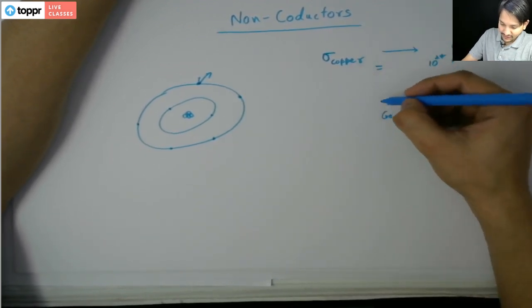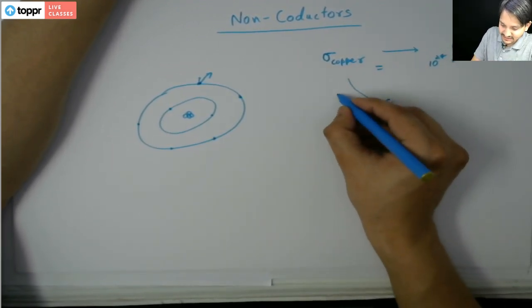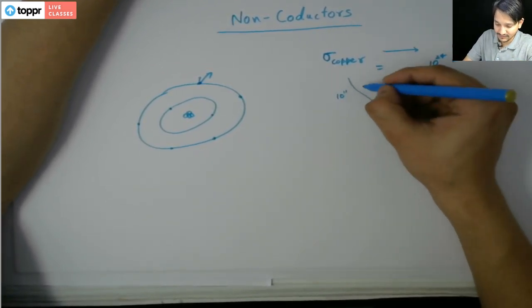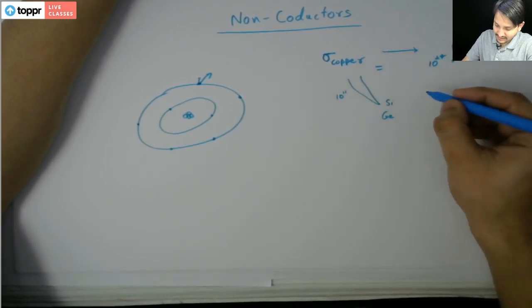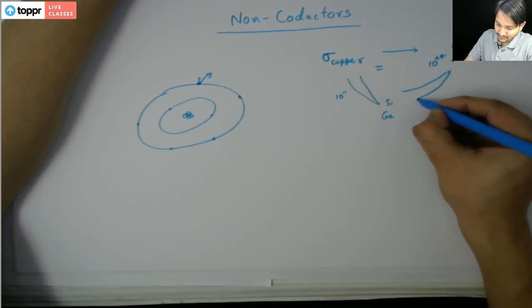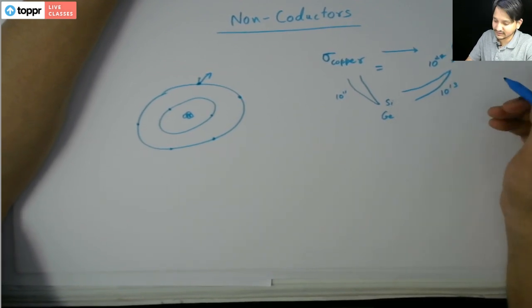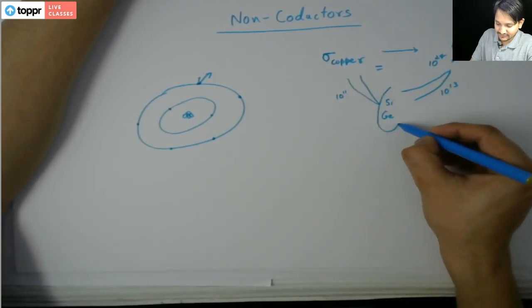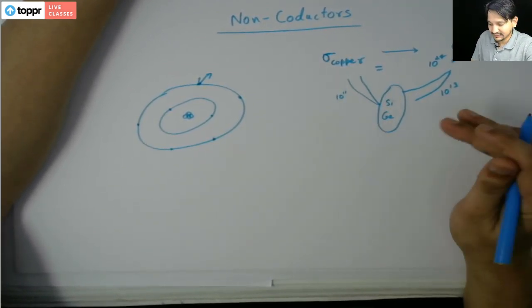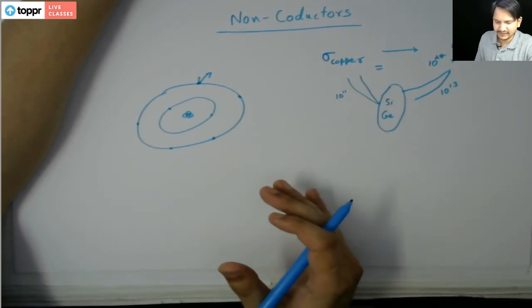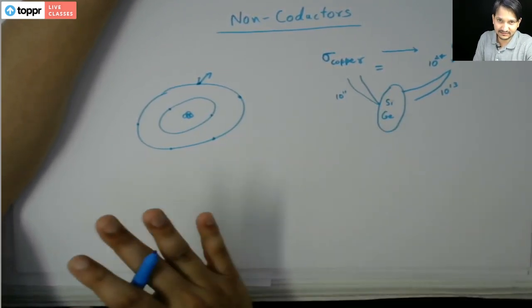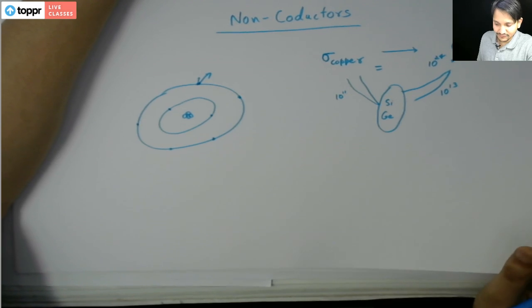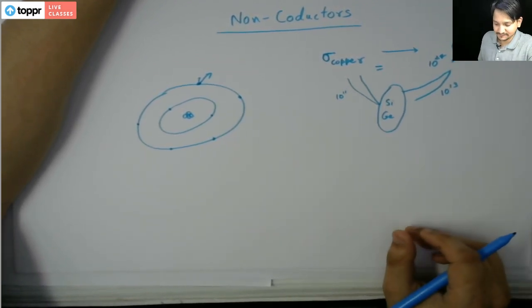The conductivity of silicon is 10 to the power 11 times smaller than the conductivity of copper, and again 10 to the power 13 times greater than that of fused quartz. These kinds of materials, silicon and germanium, are called semiconductors. They're also called semi-metals. You have heard about this in chemistry classes, and you will come to know more about this even in this class.